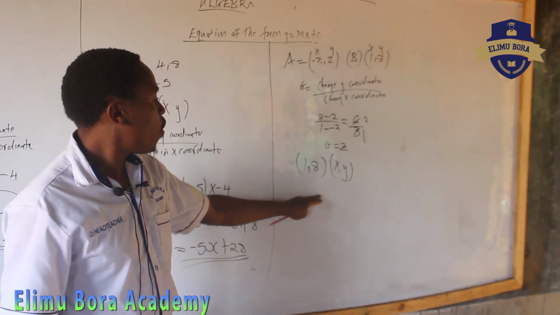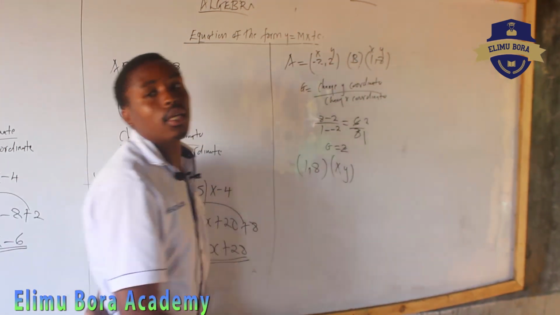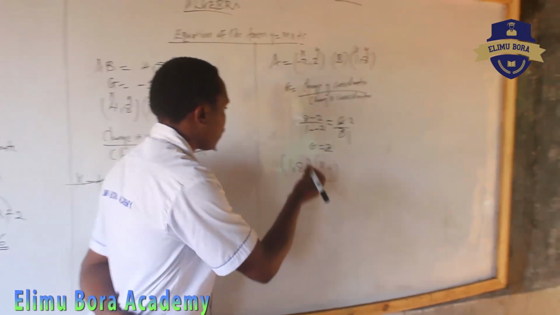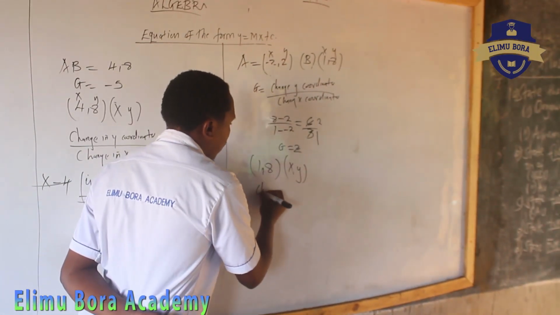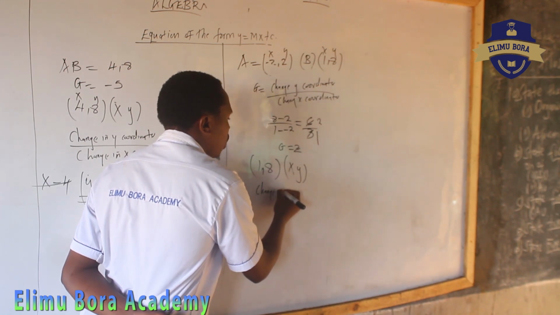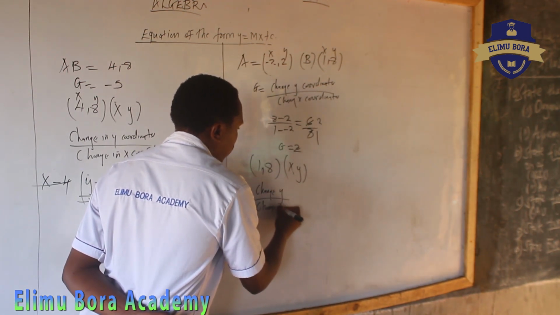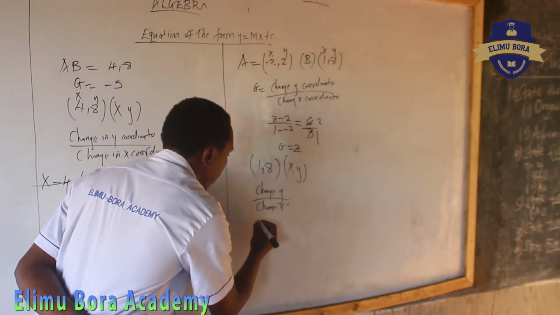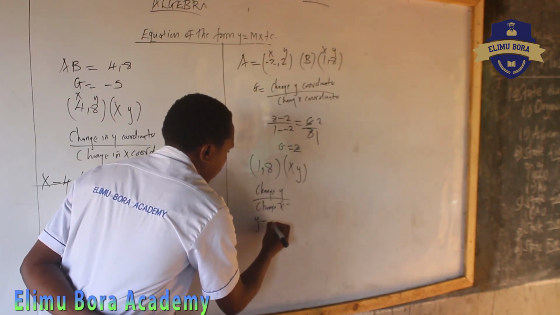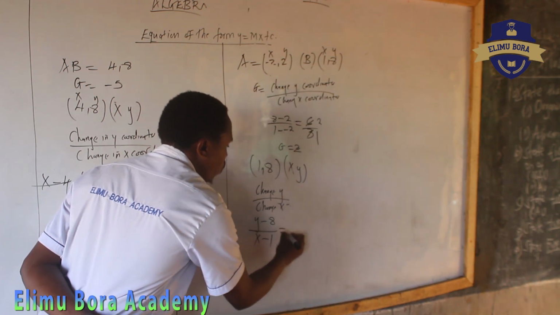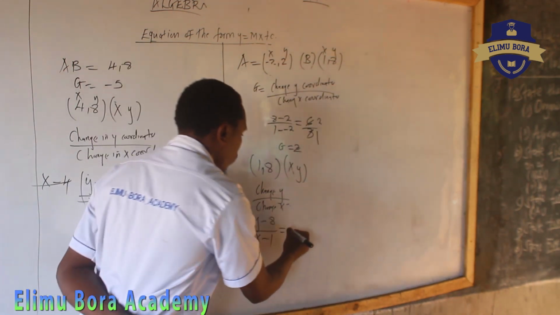Then we check on the coordinates, whereby we say change in y coordinates over change in x coordinates. So let's start there. We'll have y minus 8, and then x minus 1, is equal to 2.